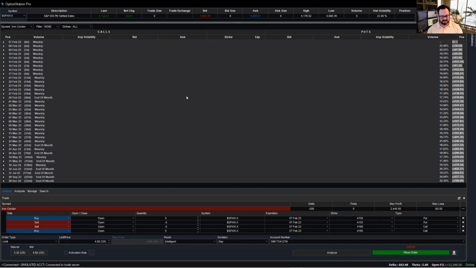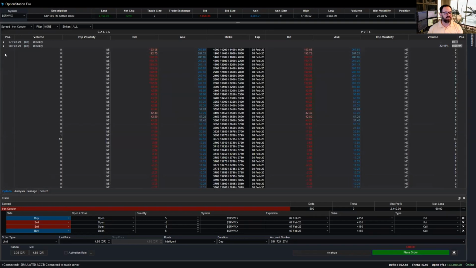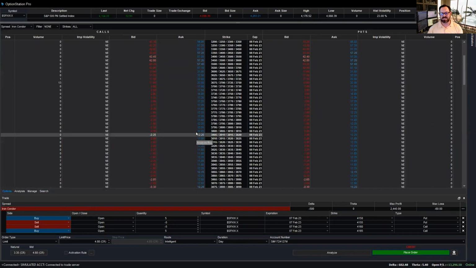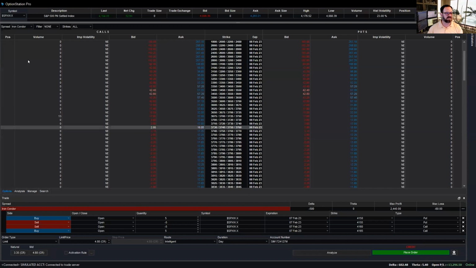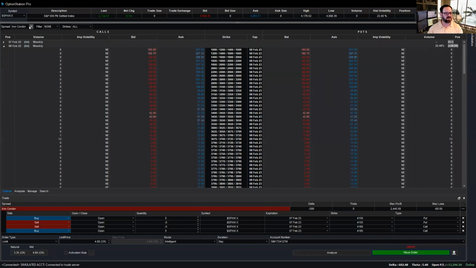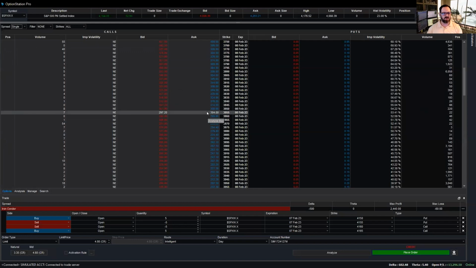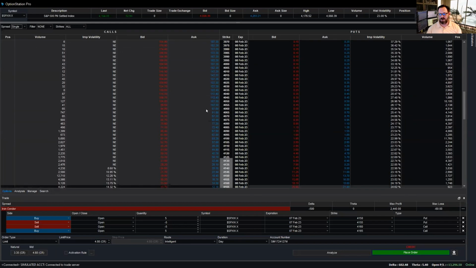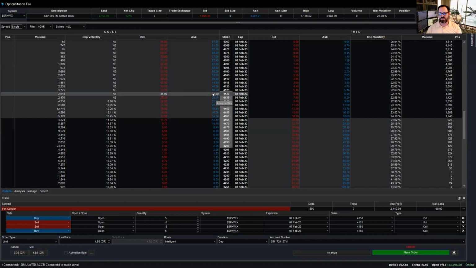If you take a look at these options, the more time you have, the more value there is to an option. You can see if I go to iron condor here, just looking at where we are, 4,164. So we go to 4,130, for instance, this option that expires tomorrow is $32.